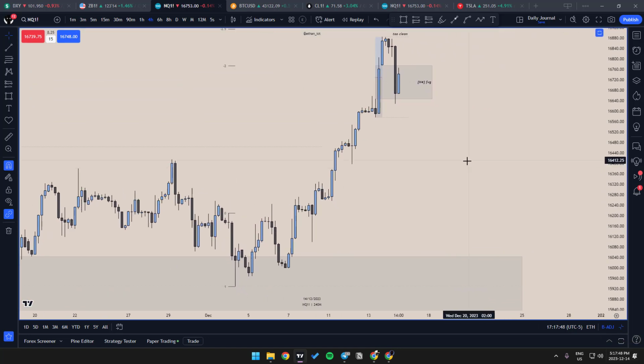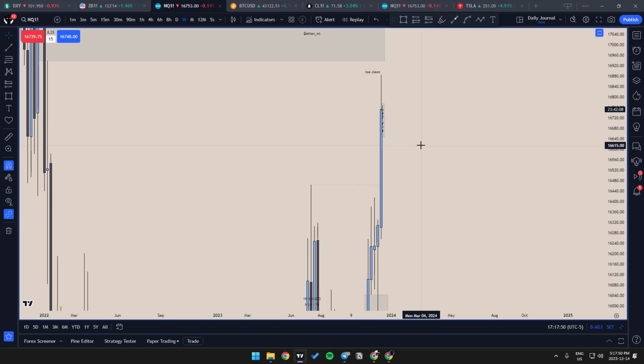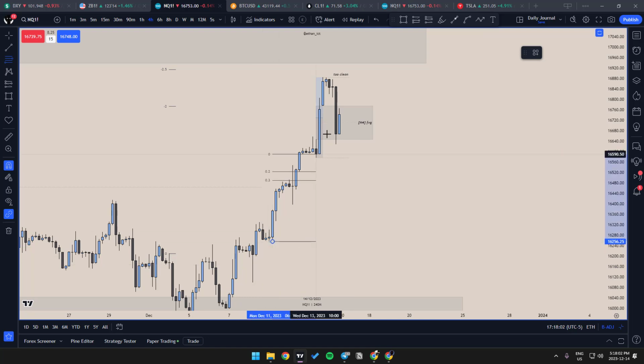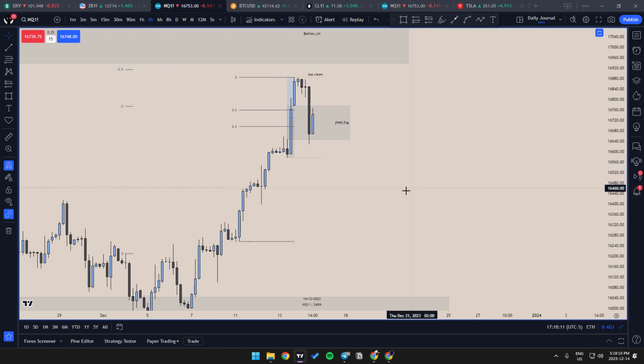So tomorrow, let's look at the weekly. Depending on TGIF setup, let's see if this is valid. So as of right now, I wouldn't say that tomorrow is valid for a TGIF setup.